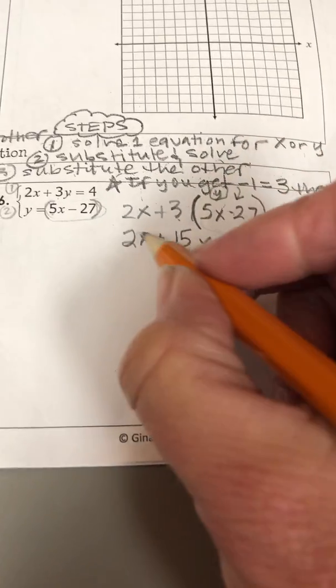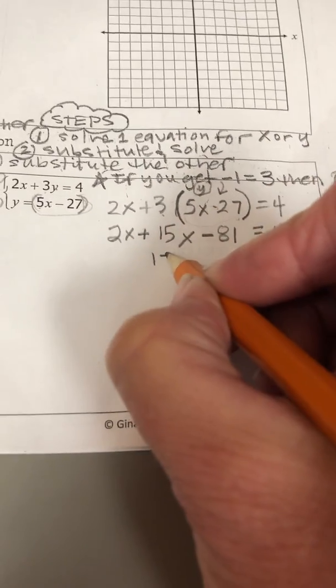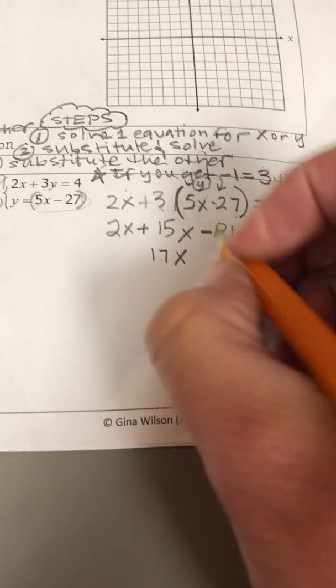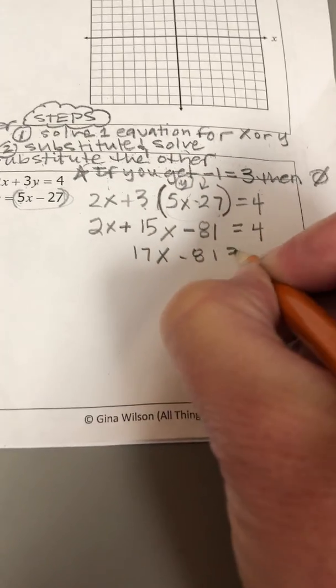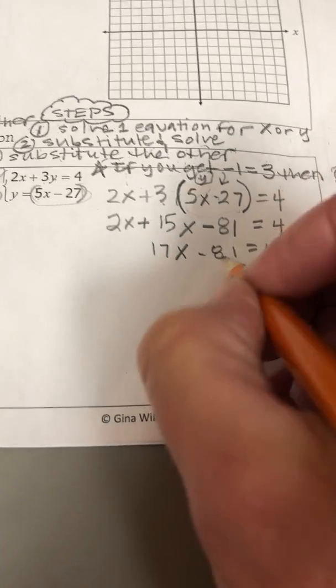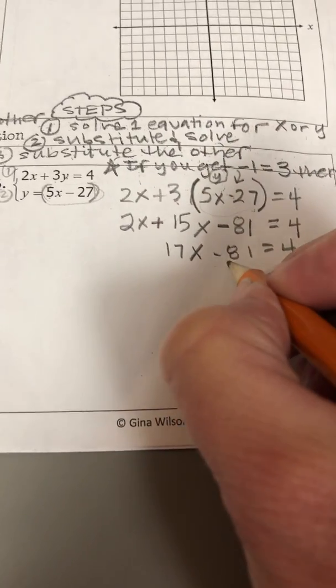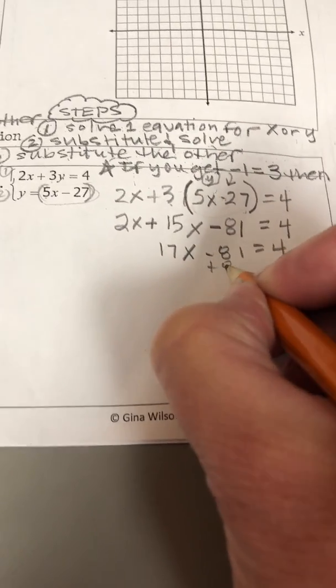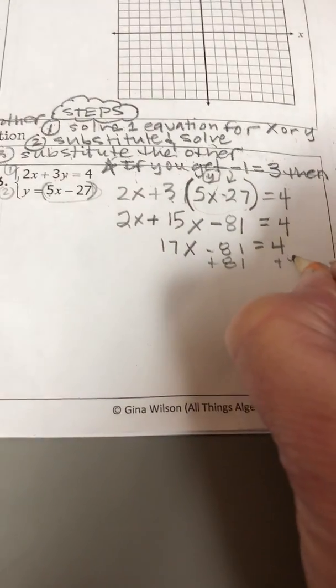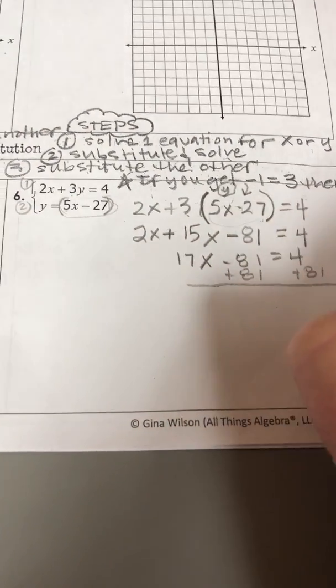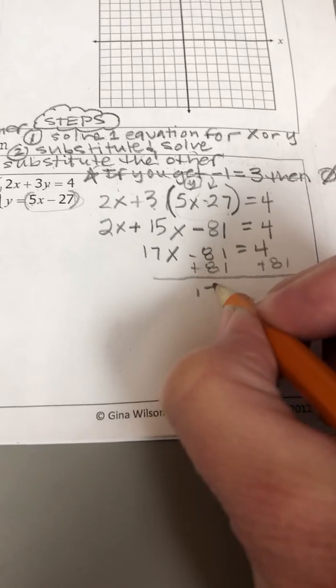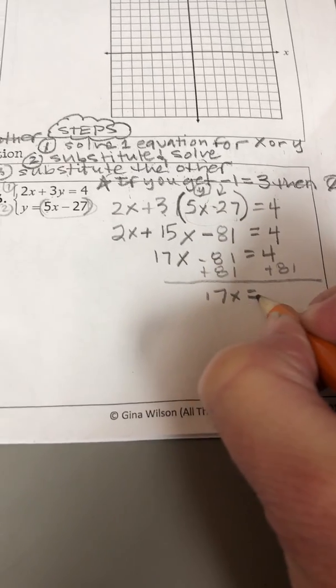I'm combining these like terms: 17x minus 81, and I'm doing every step pretty methodically. Now I get to add 81 to both sides. I end up with 17x equals 85.